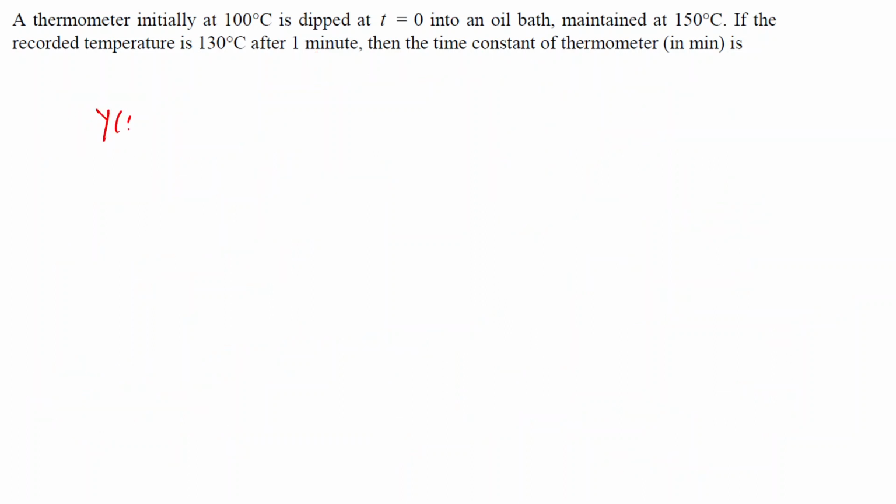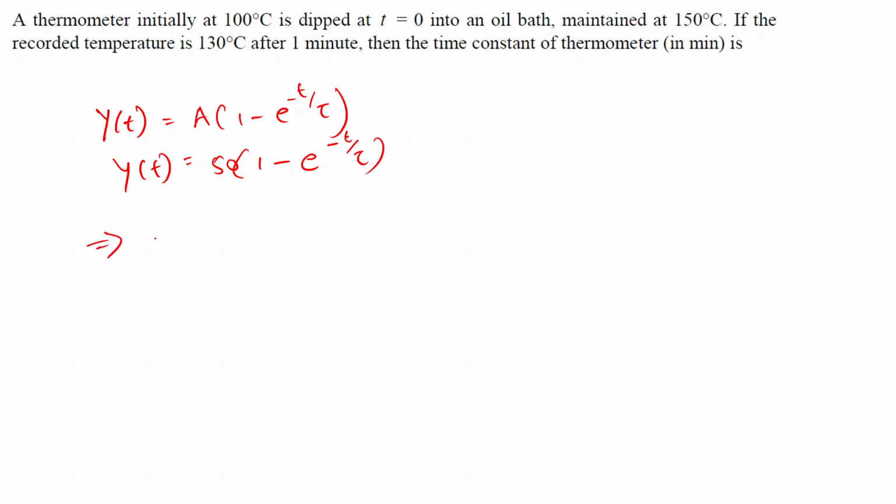So y of t, that is the temperature at any time, is given as A into 1 minus e raised to minus t upon tau. A is 50. So y of t we can write as y minus ys.